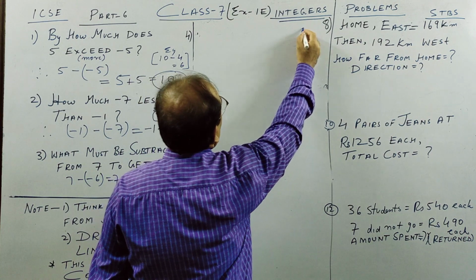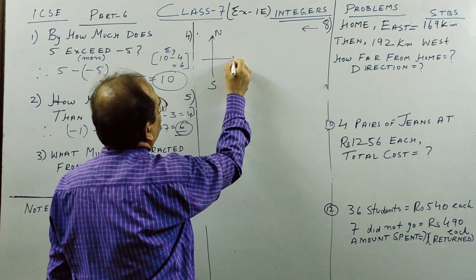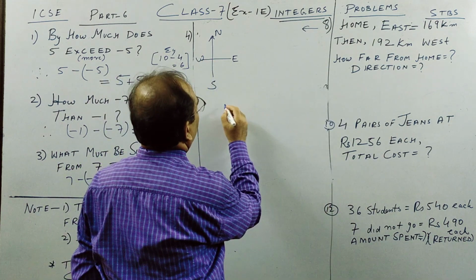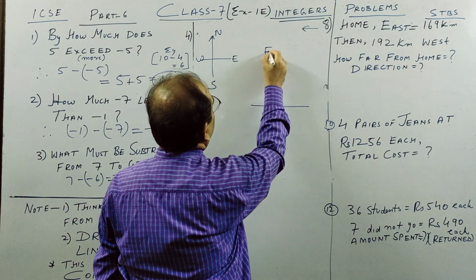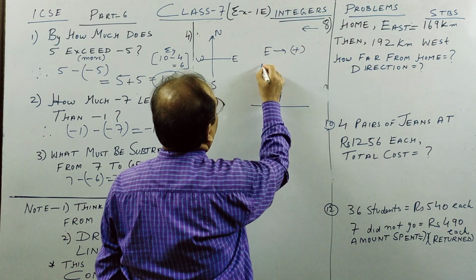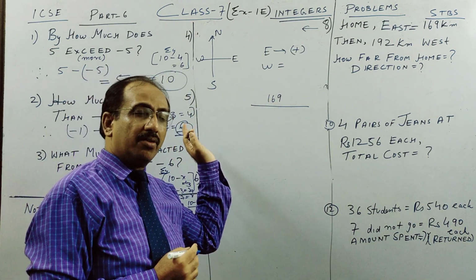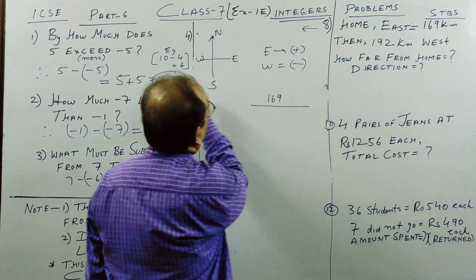So in geography we know this is north, south, east, west. A man goes towards east 169 kilometers. Towards east let it be positive, and towards west, see my previous video, I have given a lot of concepts, especially part 3. Minus represents coming back to west.